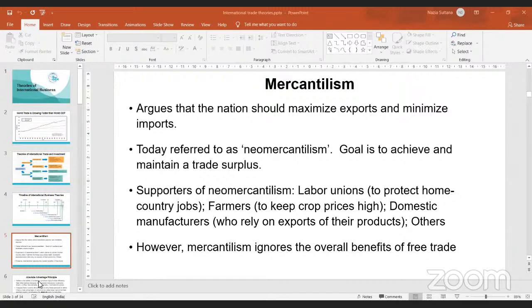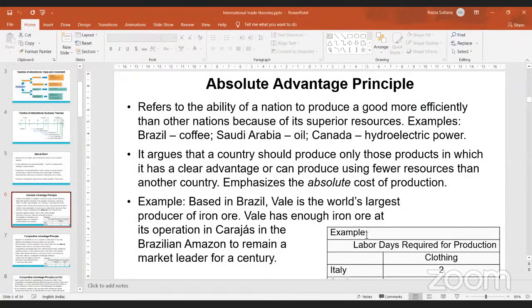The second one is your absolute advantage theory. Absolute advantage theory is about the ability of a country to produce goods more efficiently than another country, because this particular country has superior resources compared to any other country.